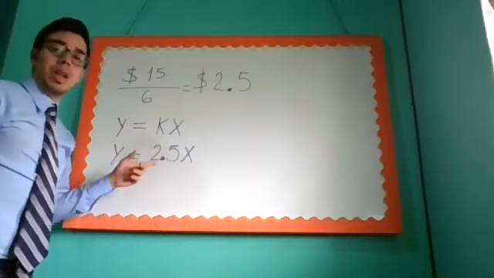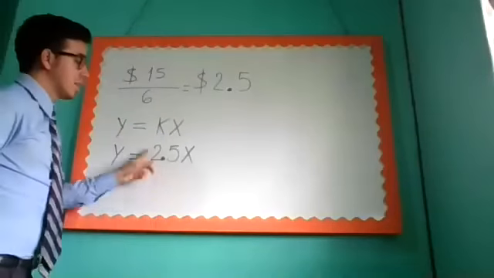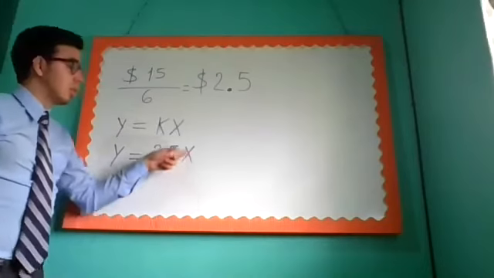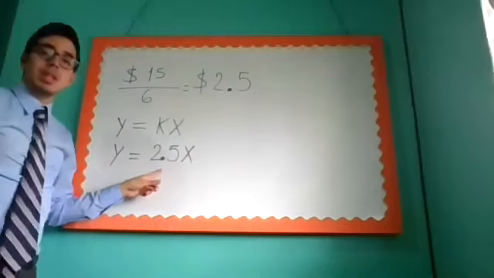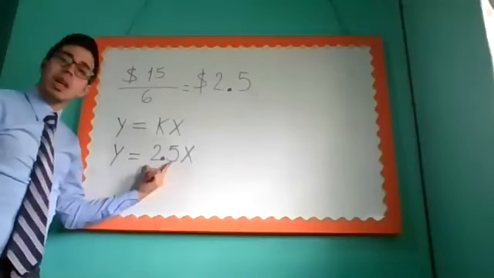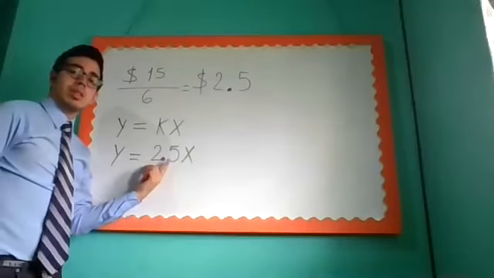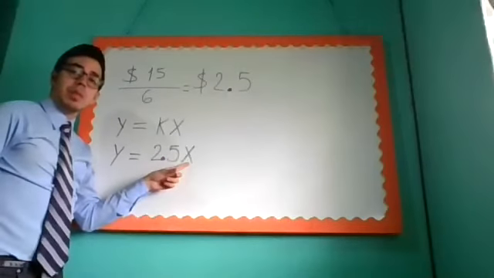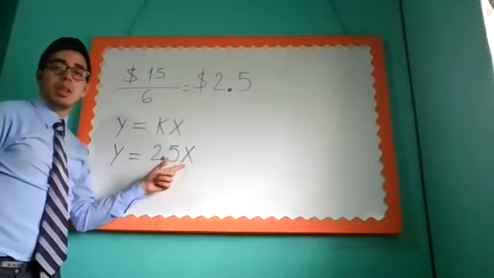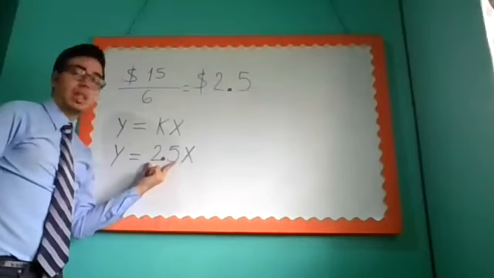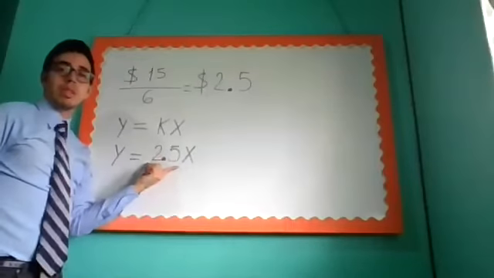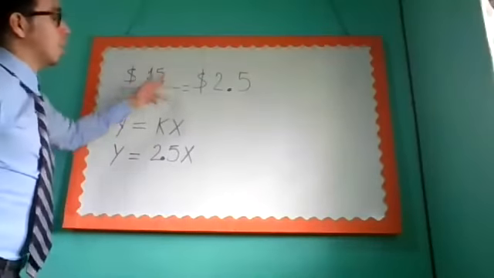But the relation is for 1, because if for example you buy 10, you are going to multiply by the cost of 1. So $2.5 is one cupcake, if x is 1. But if x is 2, when you multiply this by 2, you are going to obtain the value for 2 cupcakes. When x is 3, you're going to obtain the value for 3 cupcakes. So that's the reason why I obtained the value dividing for one, the price.